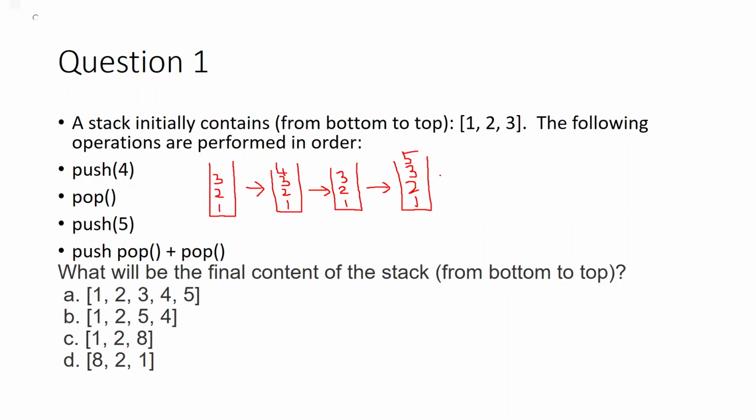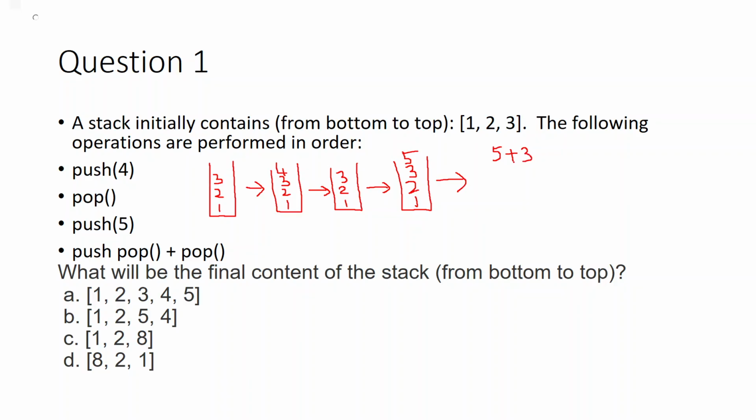Then the last operation, push of pop plus pop. So 2 times we need to pop an element from the stack. The first pop returns 5. Then the second pop returns the next top element from the stack.